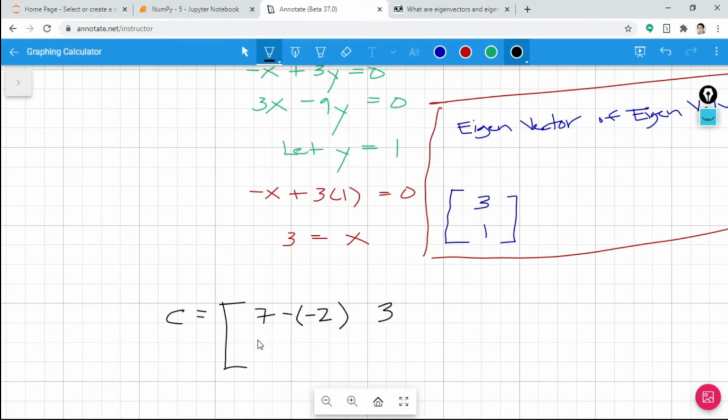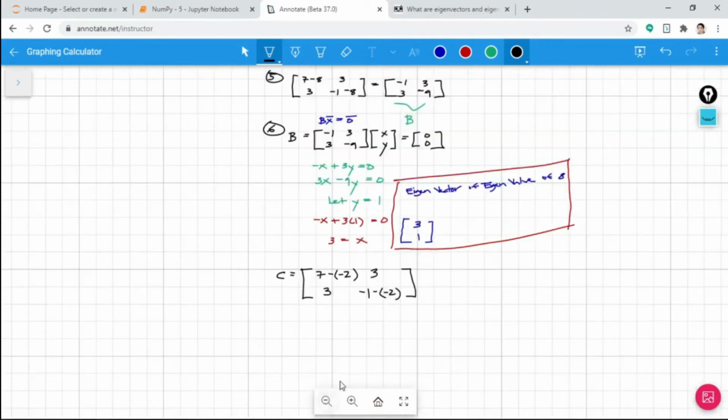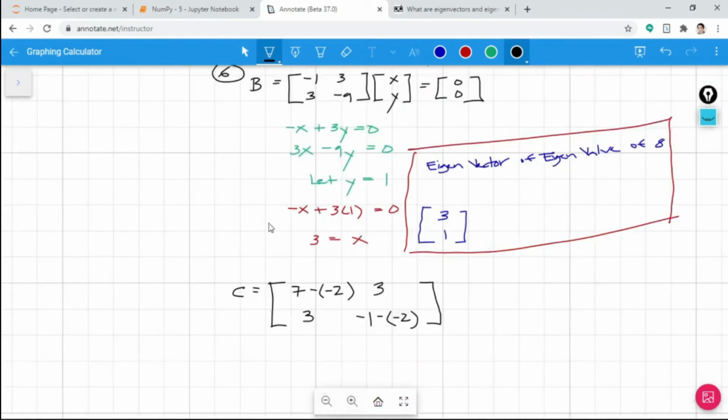Then we got 3. So let me rewrite this again. Don't look like a 3. So this one is 3. So this one is negative 1. Okay. So minus. So we got negative 2. So we just repeat the process, as mentioned above. So we denote this as C.